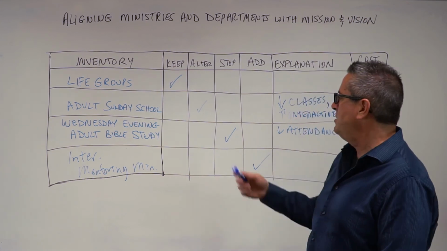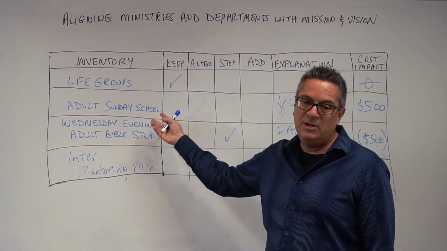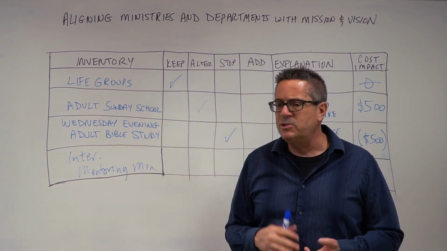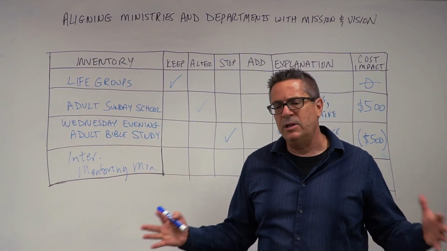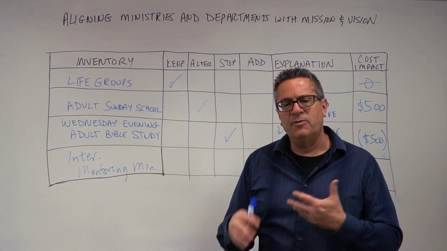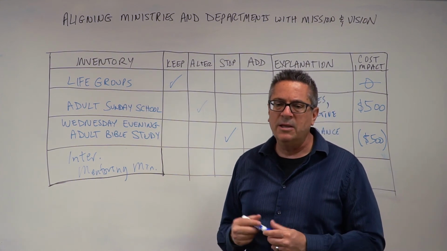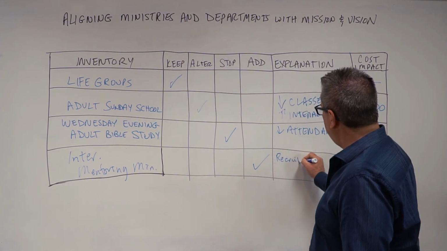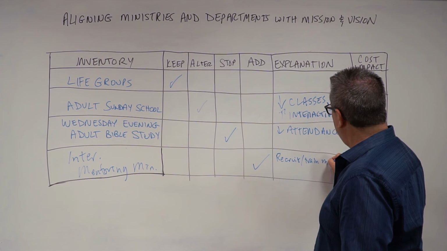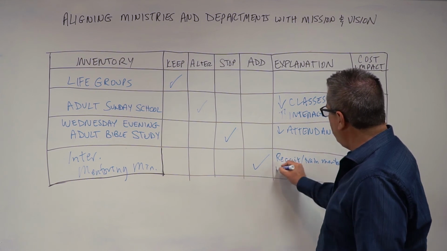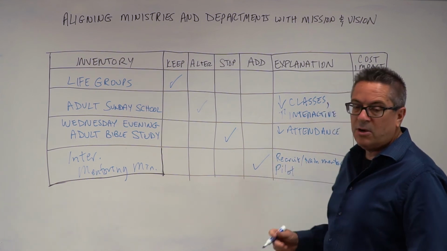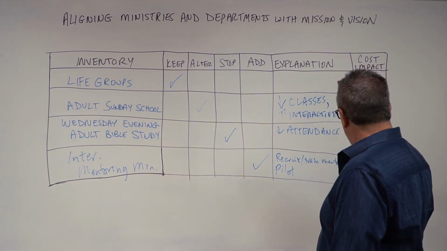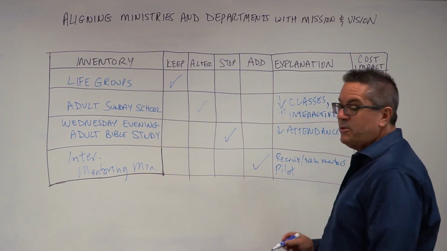They want to take some of these people that have been involved in this Wednesday evening Bible study and pair them up with elementary or junior high, senior high kids and bring the age groups together and reframe all that. So that's a new thing. They understand that they're going to have to recruit and train mentors, probably pilot a launch, all that kind of stuff. And there's a cost to that as well. So we'll just call that $500 too.